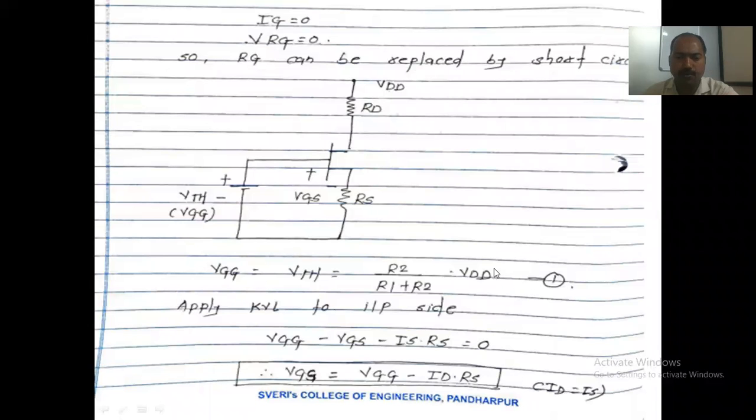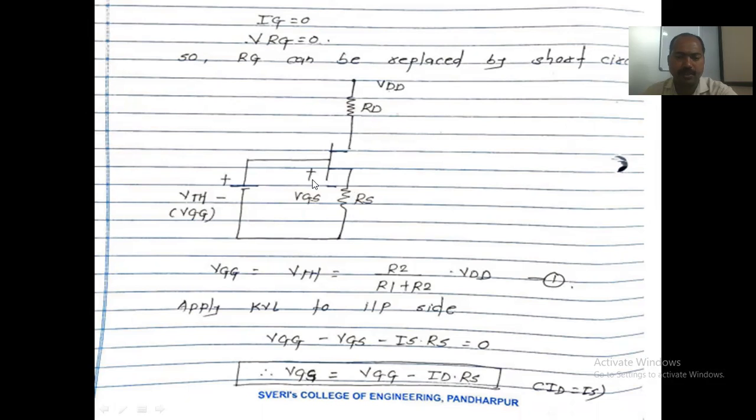Okay, now we apply the KVL to this side, that indicates the input side, right? So in this input, three terms are coming. One is VTH, other is VGS, and third is this RS. Now this VTH we write as VTH or VGG.